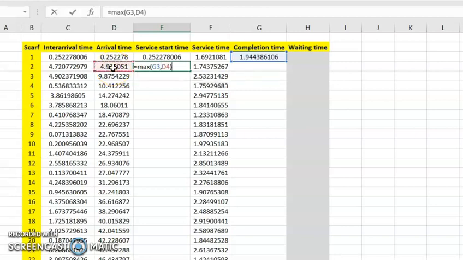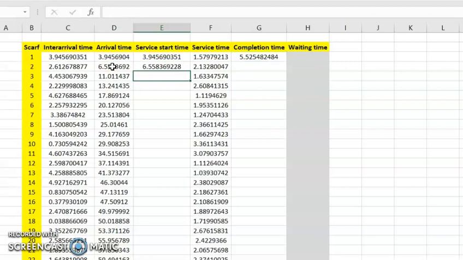Whichever one is bigger, that is the service start time. So now check. The completion time for customer 1, for scarf 1, has been 5.52 and the arrival time of scarf 2 is 6.55. So the start time would be 6.55.